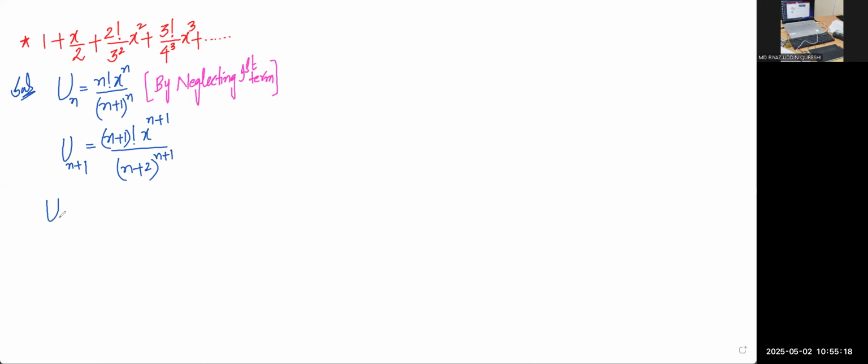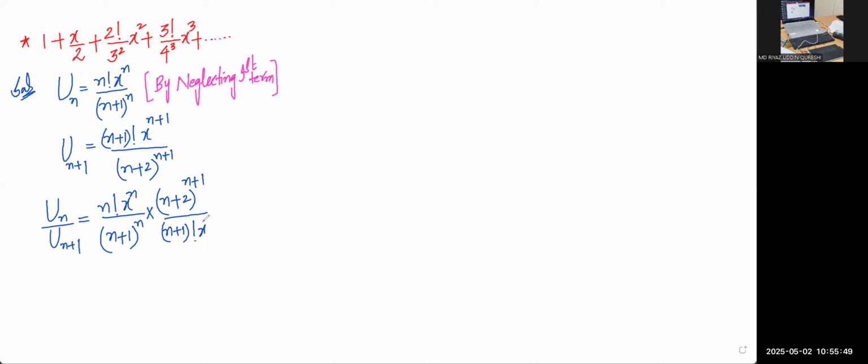We can go for un by un plus 1, which is equal to n factorial x power n by n plus 1 raised to the power of n, multiplied by the second fraction reversed, n plus 2 raised to the power of n plus 1 by n plus 1 factorial.